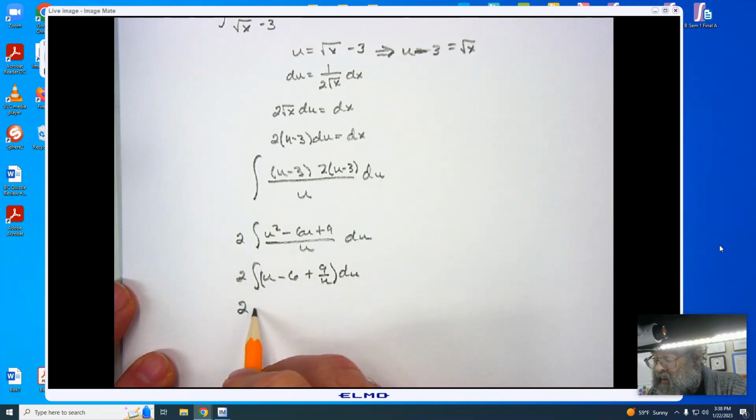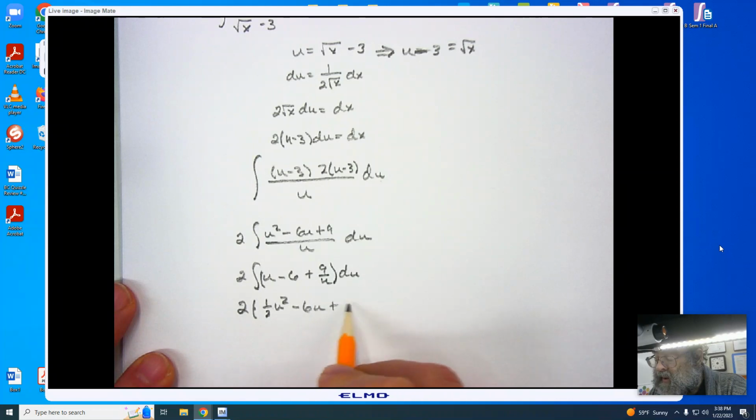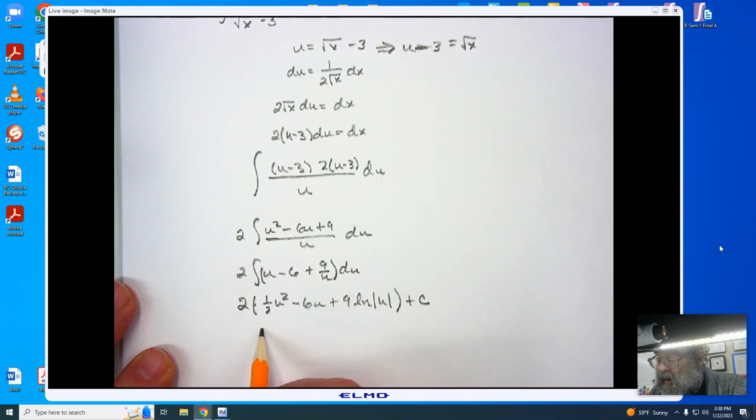That's going to give me 2 times 1/2 u squared minus 6u plus 9 ln of u plus c. This is giving me u squared minus 12u plus 18 ln of u plus c.